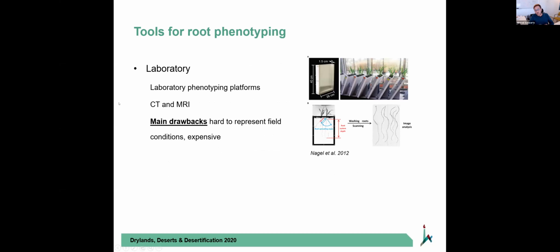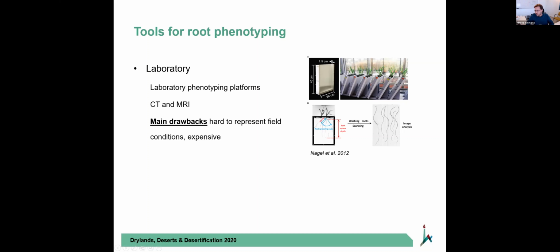So what do people typically do? There are very nice laboratory tools for root phenotyping, and one of the main laboratory phenotyping tools now is what is known as phenotyping platforms, like the one in the research center in Jülich that you can see here.